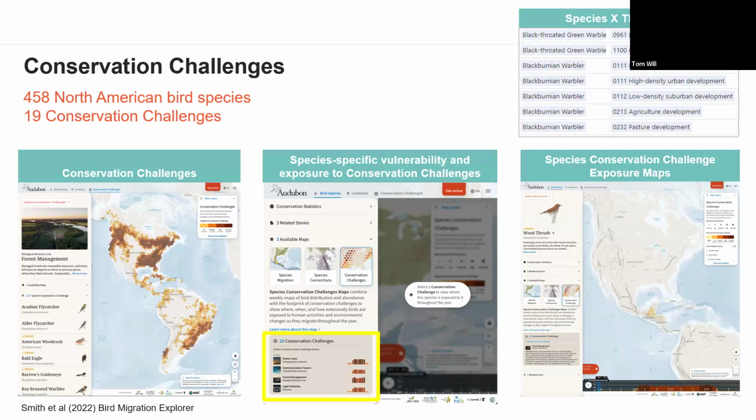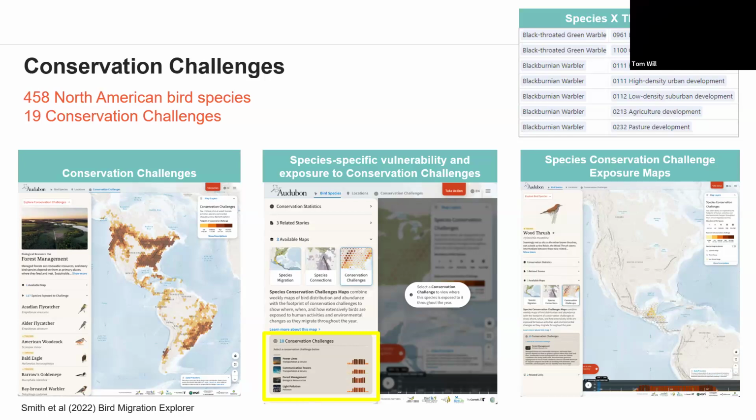It has 520 species, and for each species, we list all of the conservation challenges that the species is susceptible to or sensitive to. It comes from a literature review, expert review. It does use the conservation standards threat definitions because that makes it consistent across other things, like the shorebird conservation plans, which use the same threat definitions.